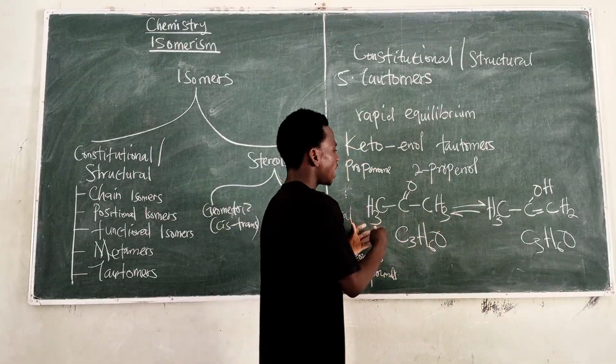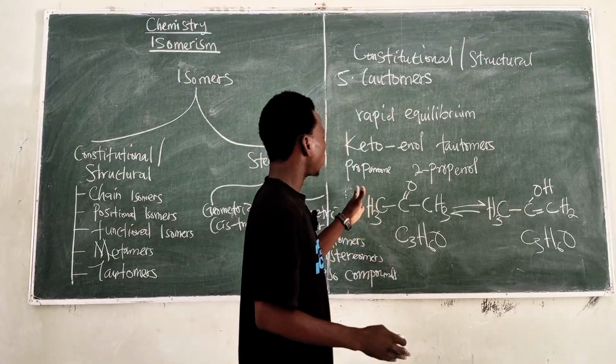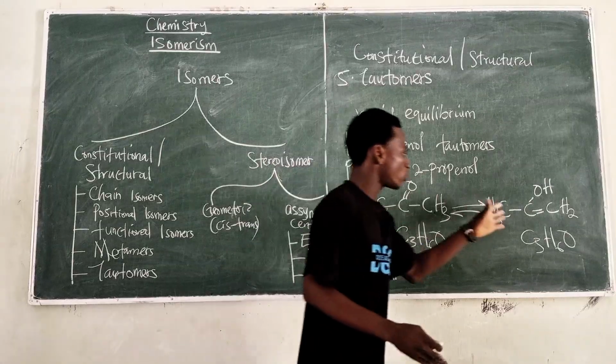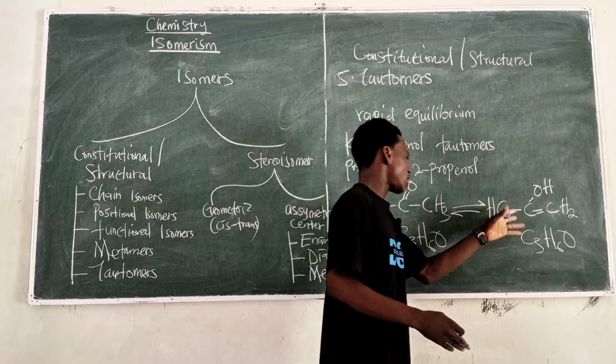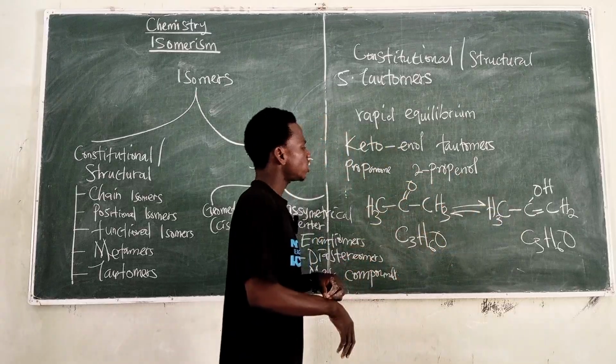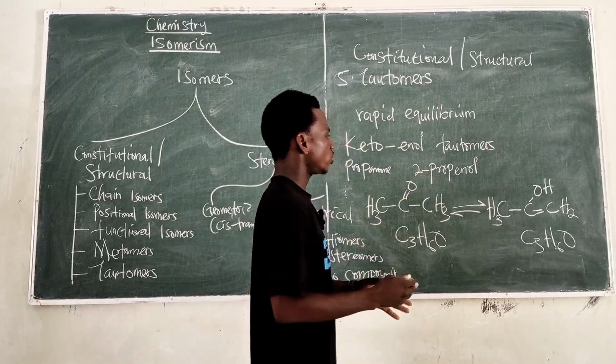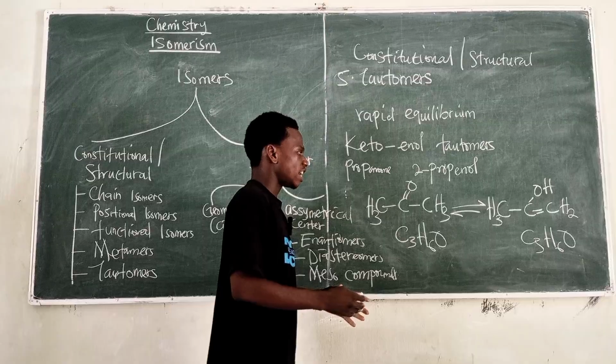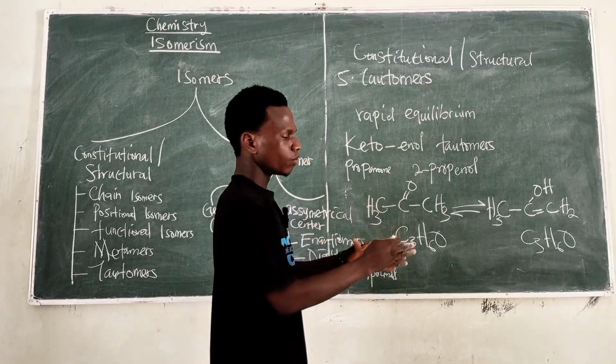So this particular compound, propanone, can change to 2-propanol, which can also change back to this. They can change by shifting a hydrogen atom and moving a double bond.